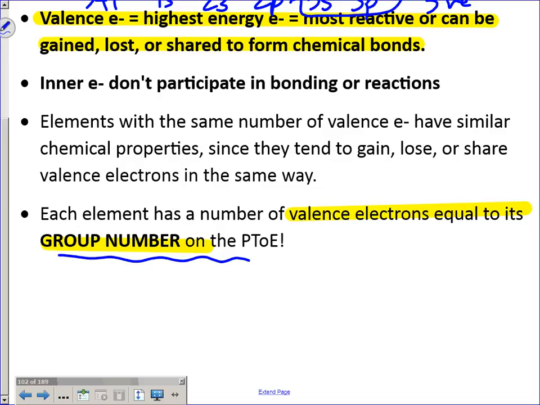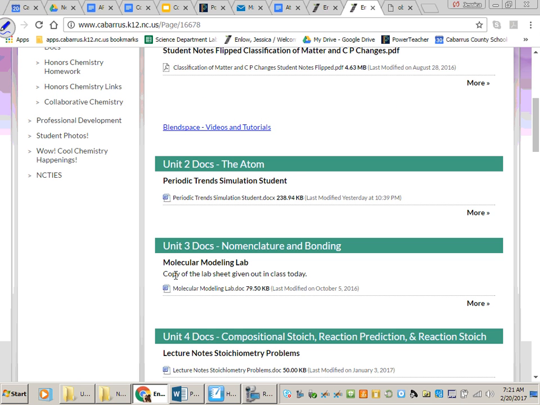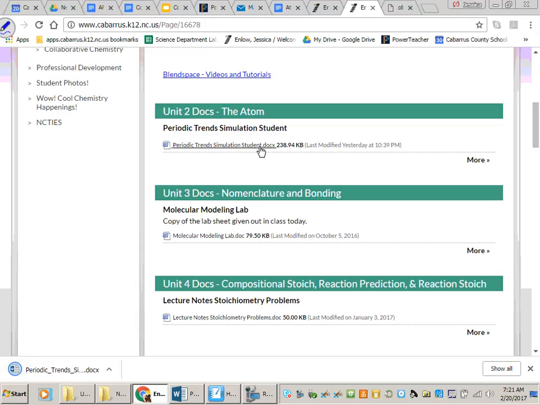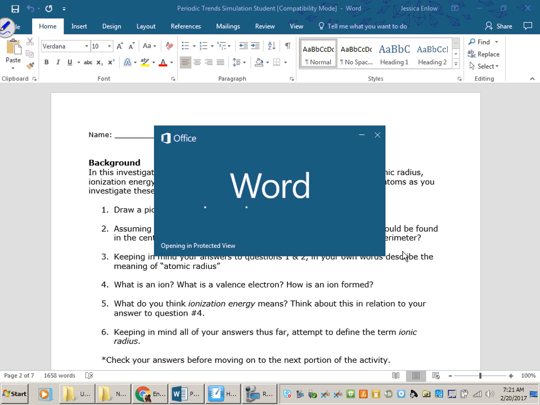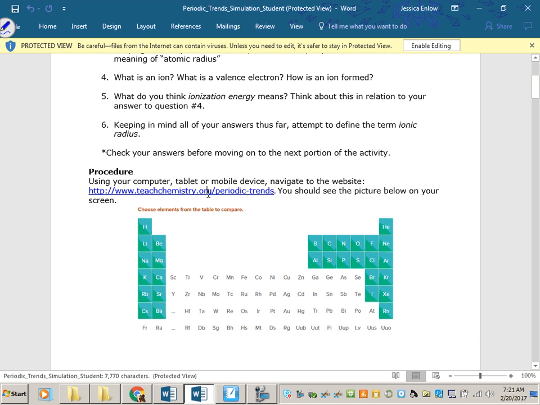Go to Unit 2 docs. There's a simulation there. I want you to write down some of the things you do. You don't have to do every single question in the order it is there. You can move around some. When you click on the Unit 2 docs for the trend simulation, it'll have a series of questions. It has a link that brings up another periodic table, under Teach Chemistry.